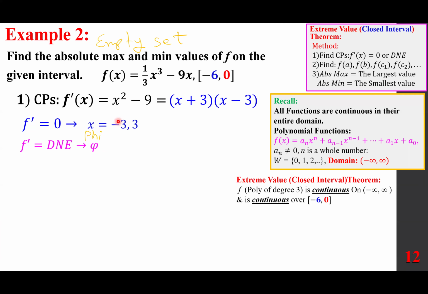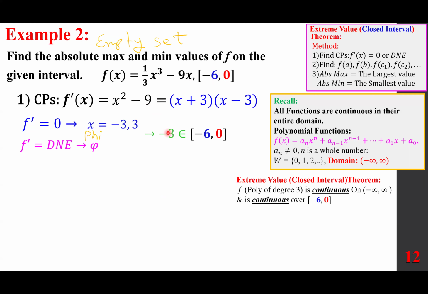Now, can we use -3? Because it's in between, yes. Can we use +3? No, it's not in between.